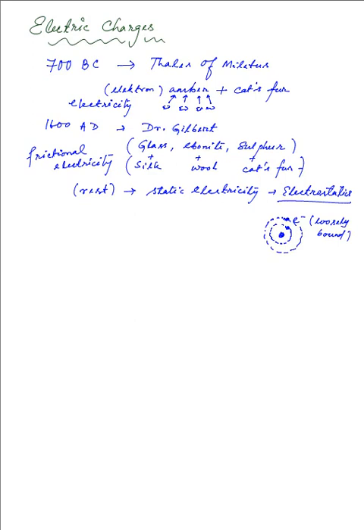When glass is rubbed with silk, the outermost electron in the atom of the glass gets knocked out and gets stuck to the silk which is rubbed against the glass. As a result, the excess of electrons in silk causes it to have an extra negative charge, while the loss of electrons in glass causes it to have a positive charge altogether. As a result, these charges start attracting each other.